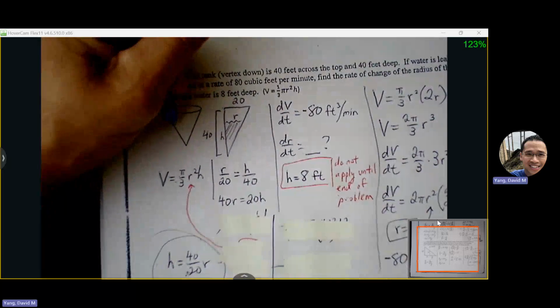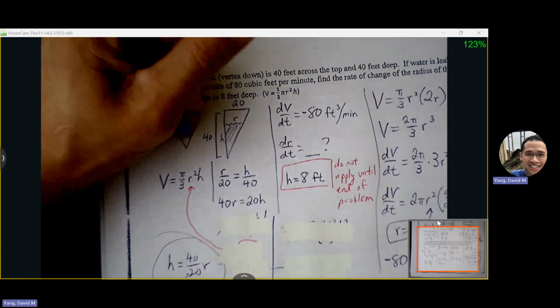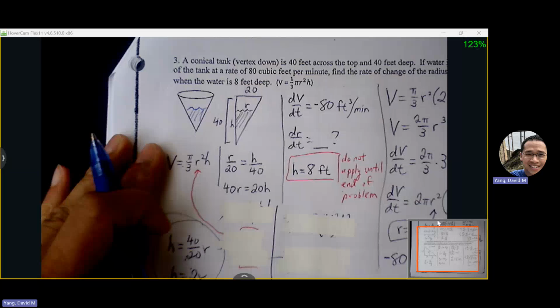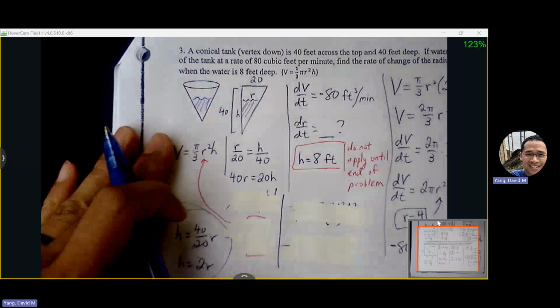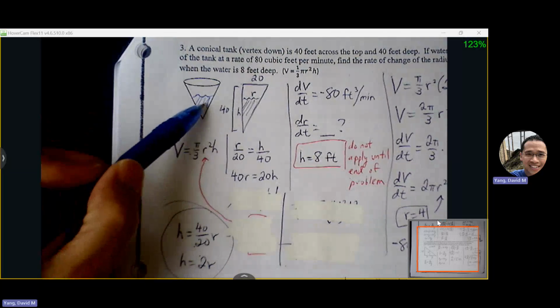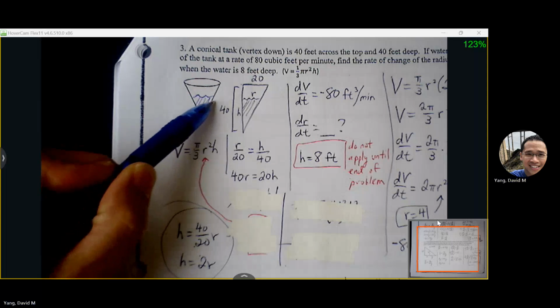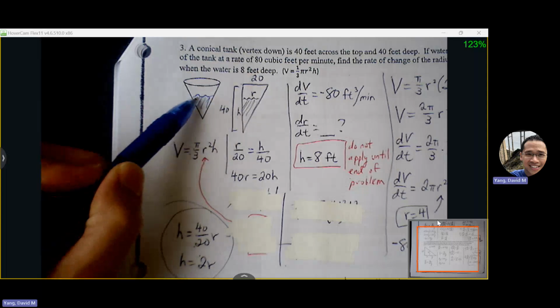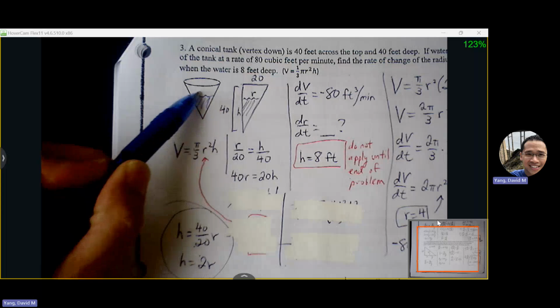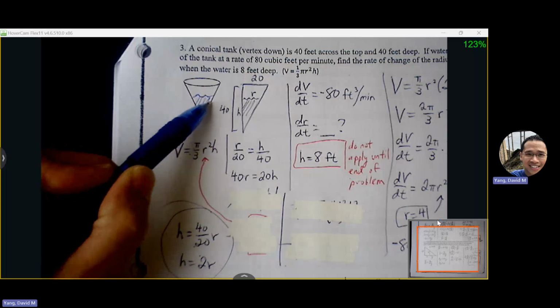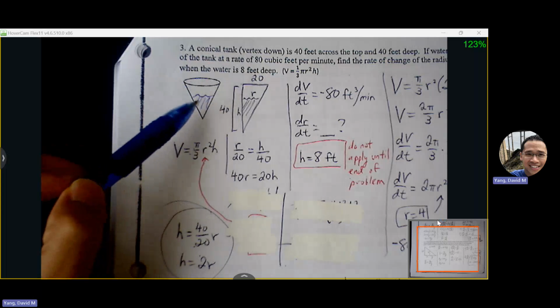Okay, so I want to draw the important distinction between cones and cylinders, at least for our problems. Let's talk first about the radius and the height of the water inside the cone tank. Let's say water is coming in.